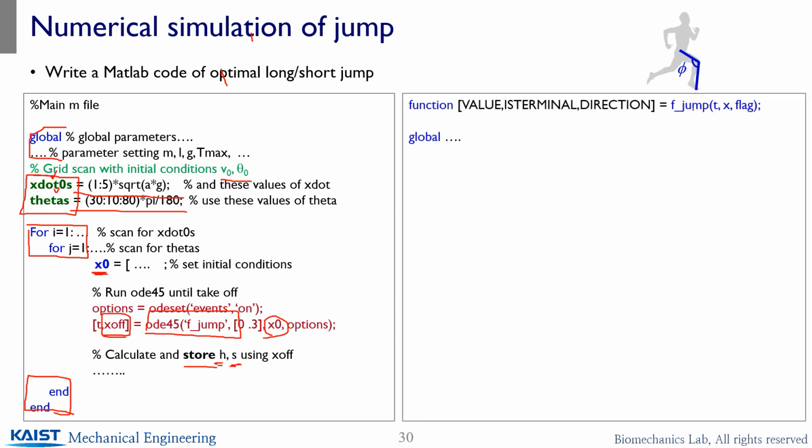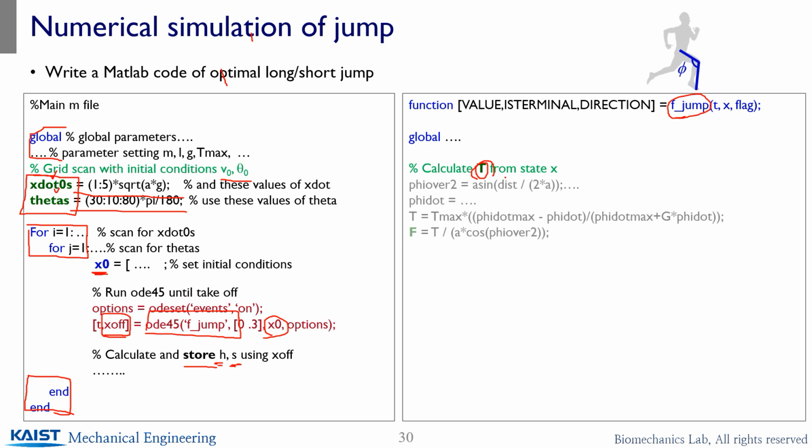For your sub function, f underscore jump, you will have a solution for the equations of motion. The difference compared to our previous coding is that now it's active motion, not a passive one, so you have to define the external force applied. Luckily, those muscle forces are formulated, as we assumed, as a function of the state variable x.